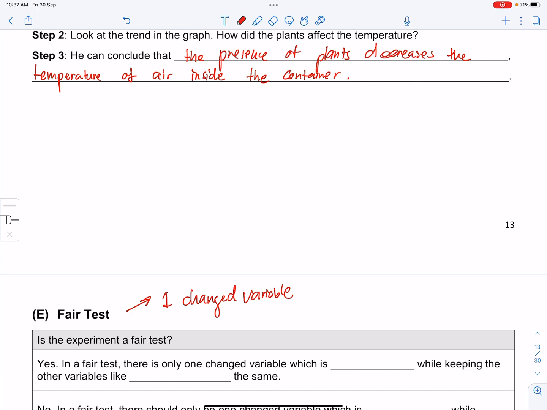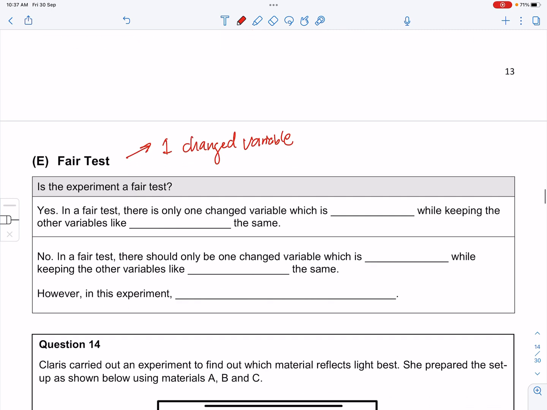It's not good enough to just say to ensure that there's only one change variable. You must tell me what additional change variable you could have introduced if you did not ensure that the size of the container is the same. Based on the experiment, I will demonstrate to you. I'm just teaching forward.